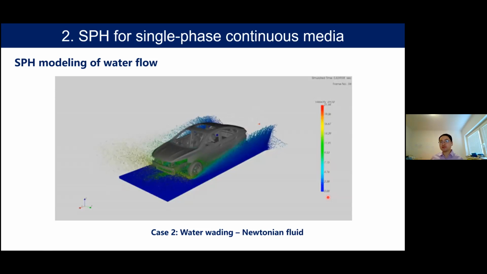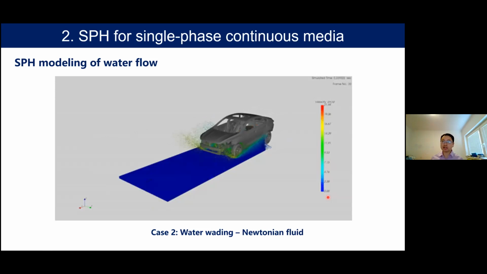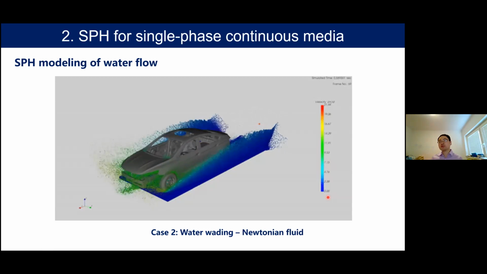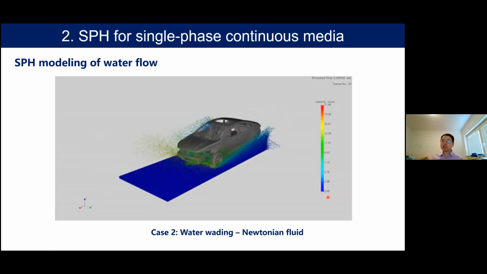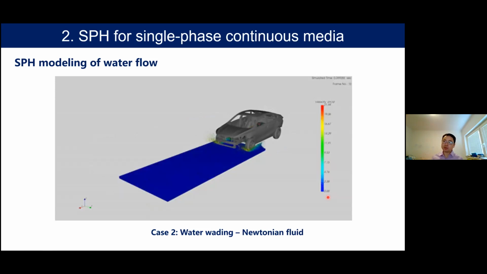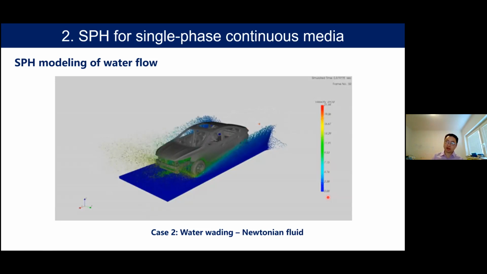The intention of this simulation is to find the pressures or the forces on the car body structure to determine whether the car body will have deformation or not. And we also need to find which part of the car body will be occupied by water after the car passes the water pool.